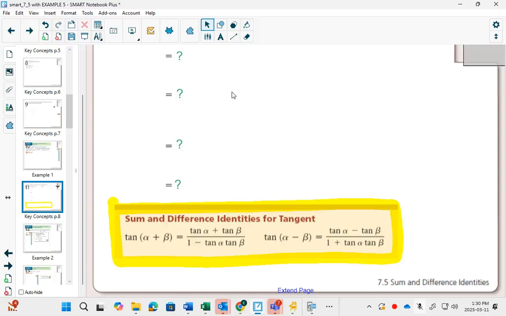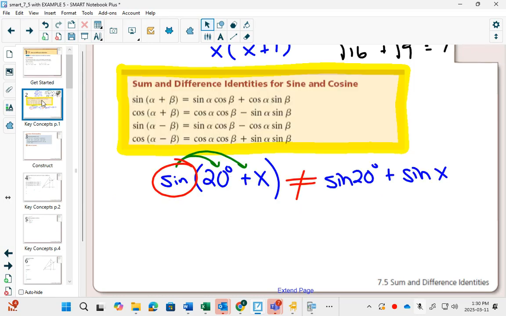If I see cos, cos, sine, sine, or sine, cos, cos, sine, four things with sine and cos, I should think, maybe I should look at my formula sheet. But if you don't have it triggering you to look, then you're going to miss the idea. And that's what we're going to do in example 2.